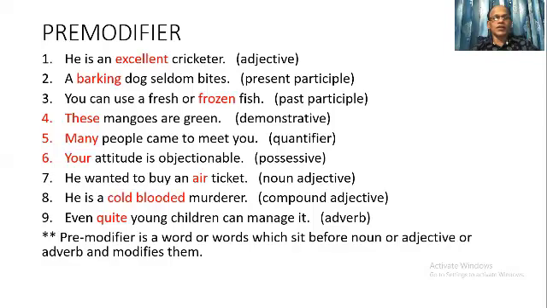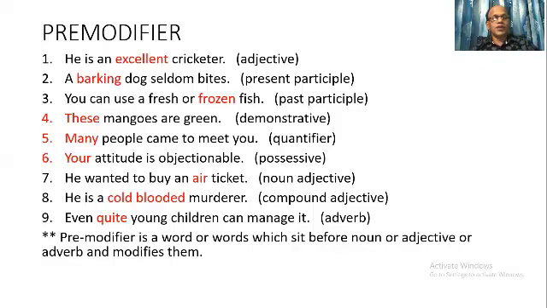Cold, an adjective, blooded, another adjective. Together we call it a compound adjective to qualify the noun murderer. Last one, even quite young children can manage it. Quite is an adverb here. It modifies the adjective young.